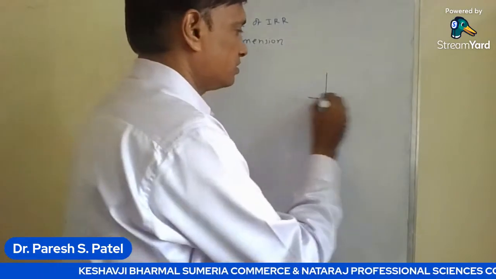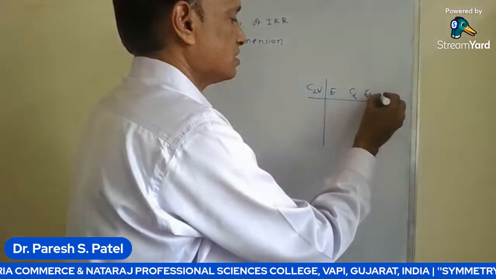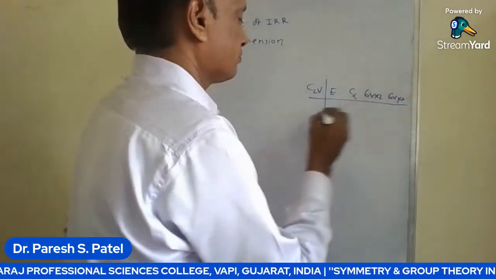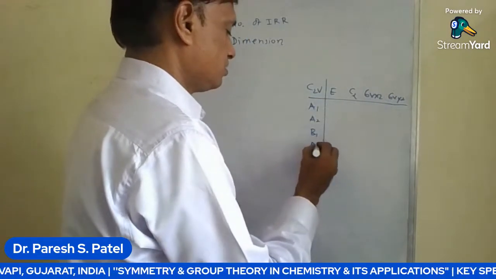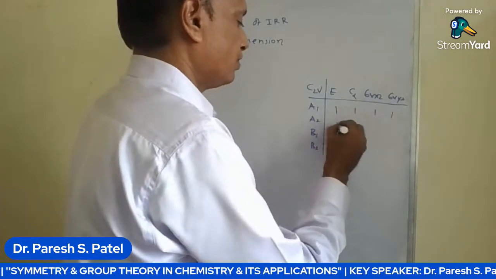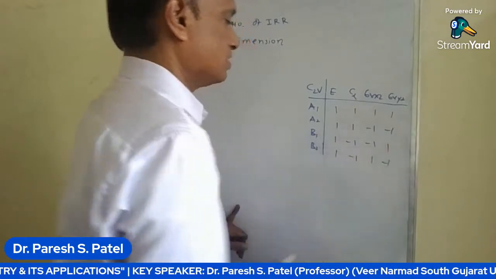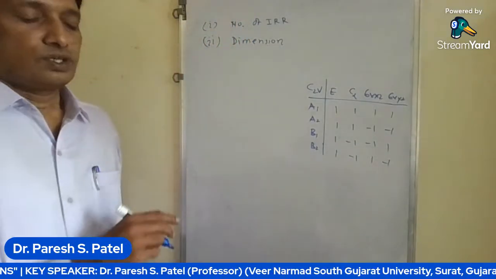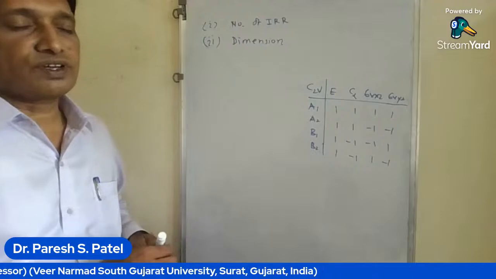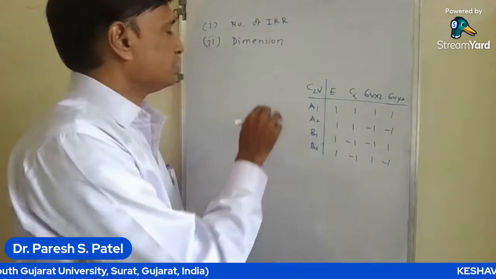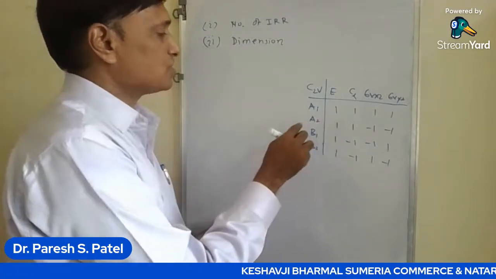As for example, this is the C2v group: E, C2, sigma Vxz, sigma Vyz; A1, A2, B1, B2; 1, 1, 1, 1; 1, 1, minus 1, minus 1; 1, minus 1, 1, minus 1; 1, minus 1, minus 1, 1. So the second consequence of the orthogonality theorem: the sum of the squares of the dimensions is equal to the order of a group.